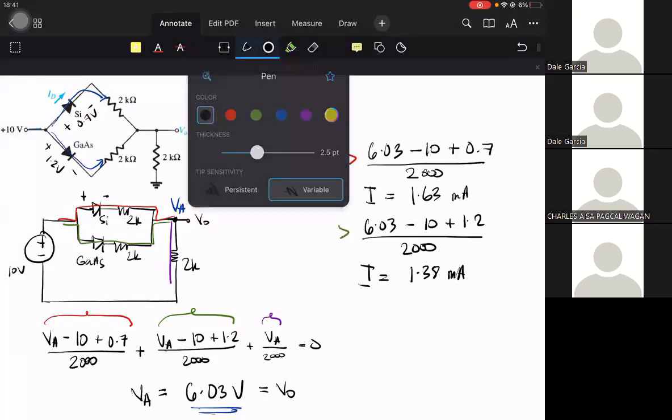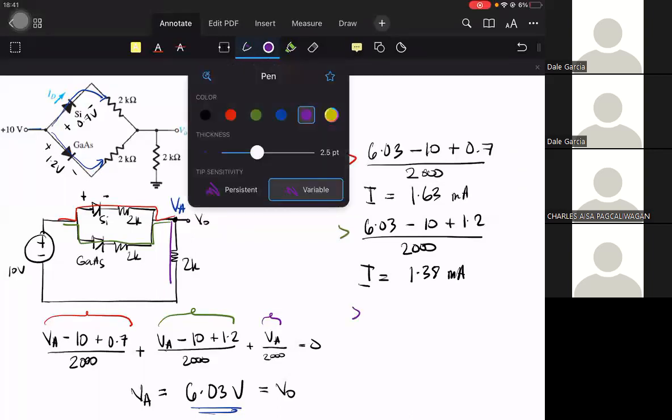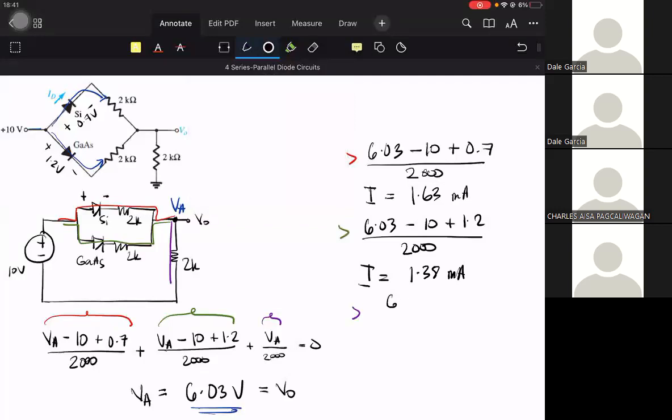So sa load, it's just VA over 2,000 or 6.03 divided by 2K. Pwede kaya ni-add na ito ng duha, no? By virtue of KCL.